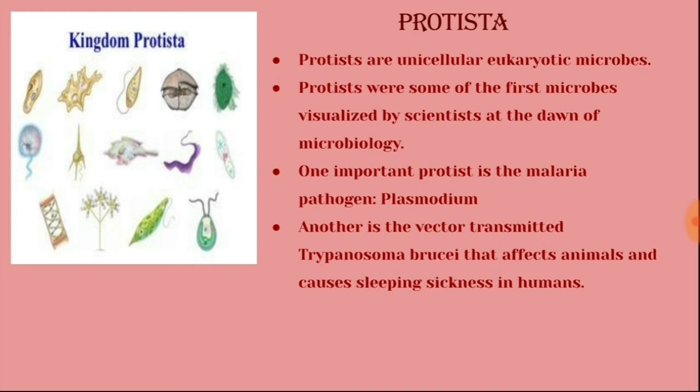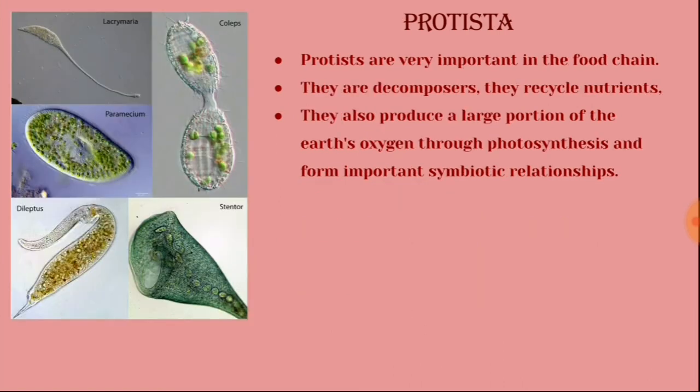Protists are very important in the food chain. They act as the decomposers in the food chain by recycling the nutrients and contribute to the biomass in the aquatic environment. So these are called decomposers, which help in the recycling of the nutrients and help in contributing to the biomass of the aquatic ecosystem.